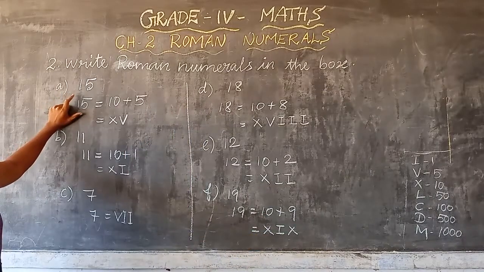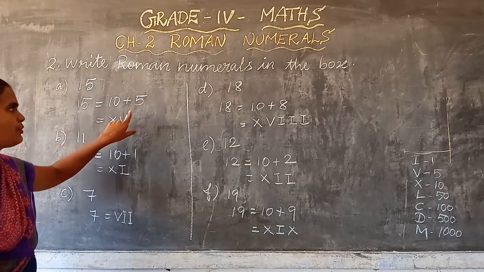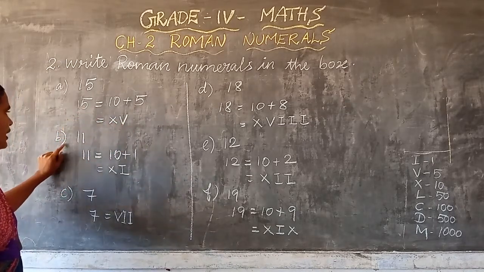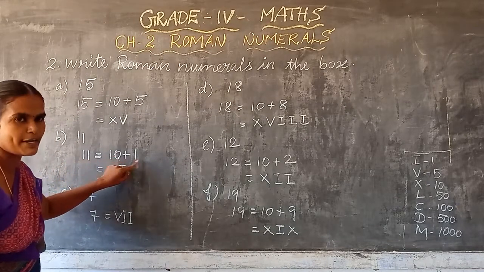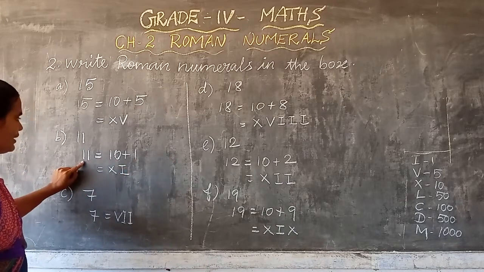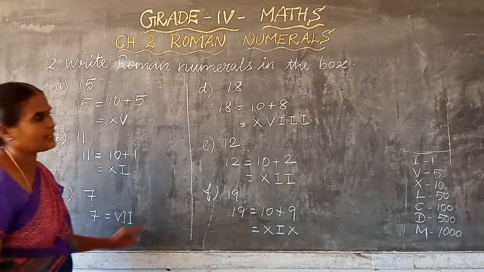A, 15. 10 plus 5. 10 means X. 5 means V. So 15 means XV. B, 11. 10 plus 1. 10 means X. 1 means I. So 11 is XI. 7 means VII.